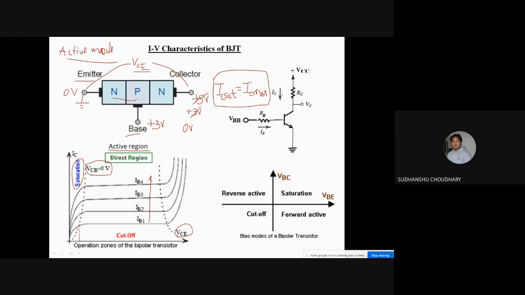When VCE is 0 volts, this PN junction also becomes forward biased. The emitter base junction is already forward biased, and now the collector base junction also becomes forward biased. So both junctions are now forward biased.